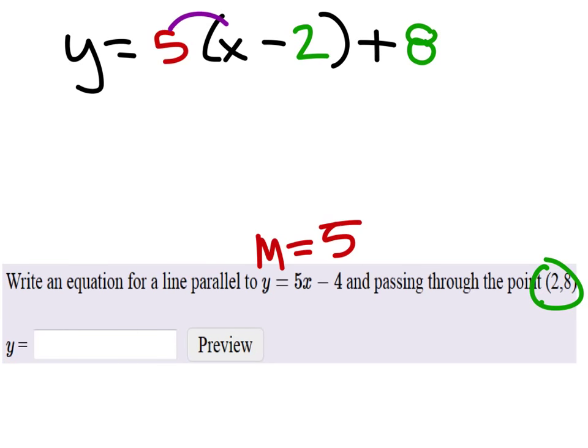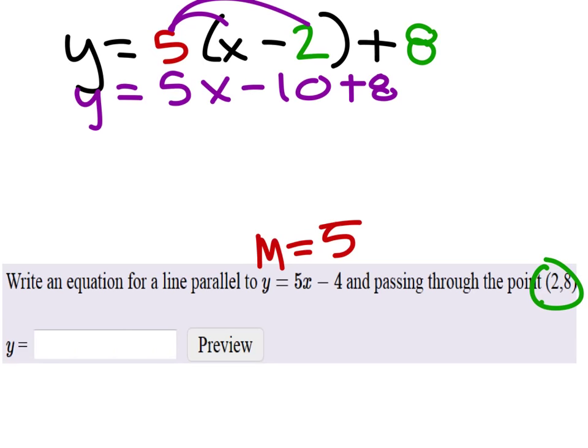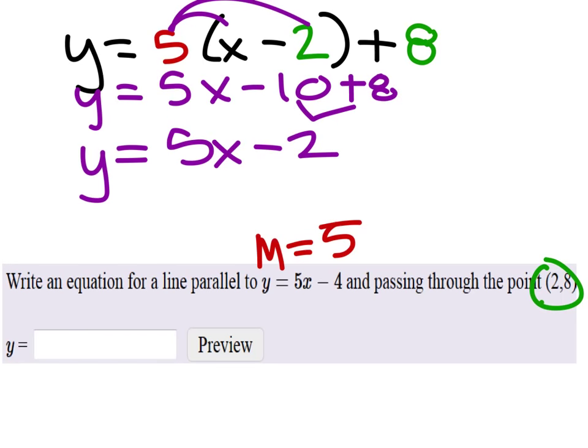If we simplify this, we'll distribute the 5. So 5x minus 10 plus 8 equals y. Just combine like terms: 5x, negative 10 plus 8 is negative 2. Done.